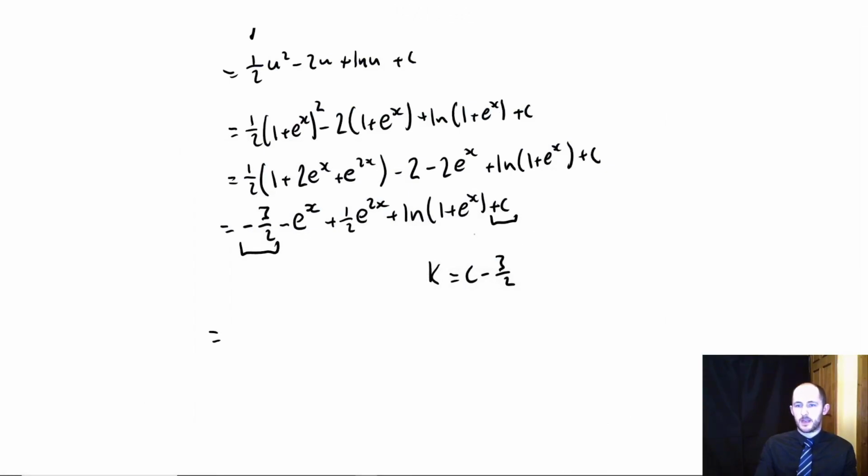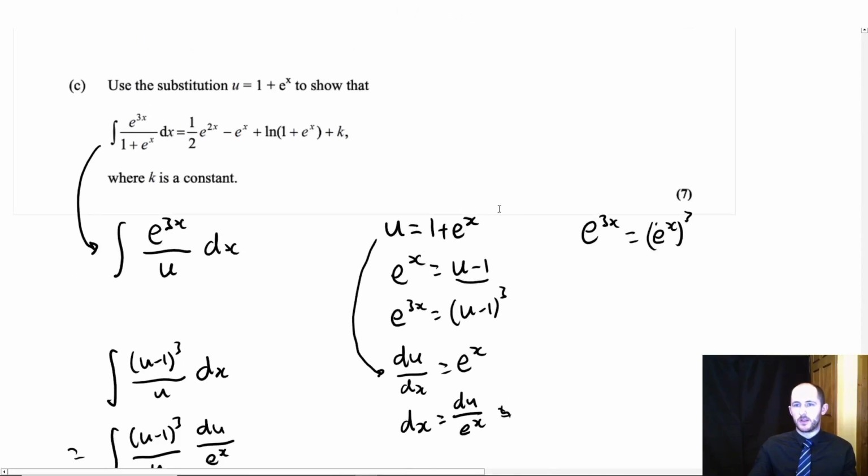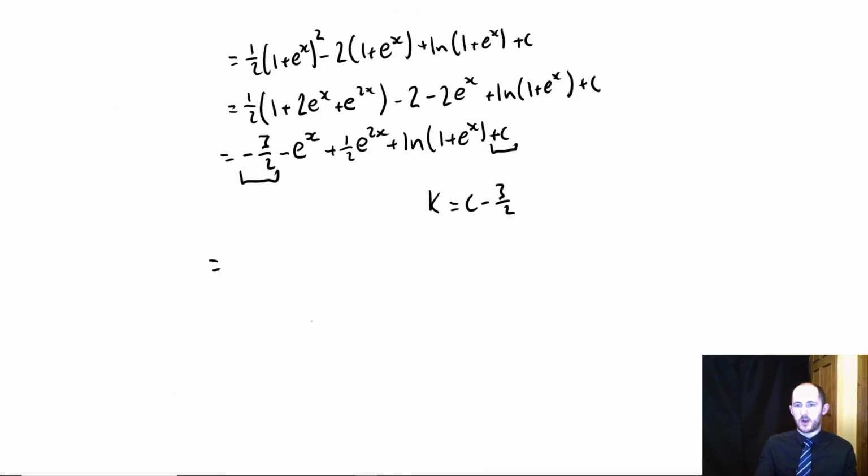So now we just have, if we want to write it in order, put the e to the 2x first. So a half e to the 2x minus e to the x plus ln 1 plus e to the x plus k as shown.